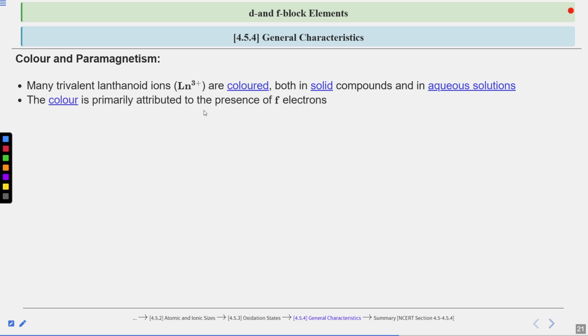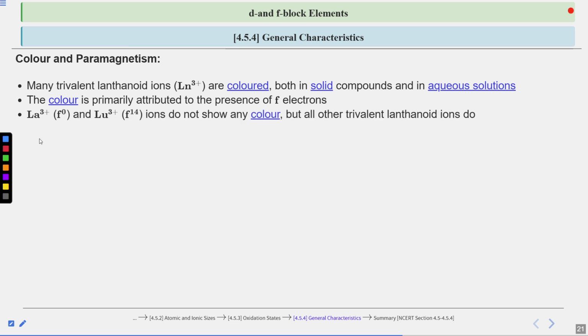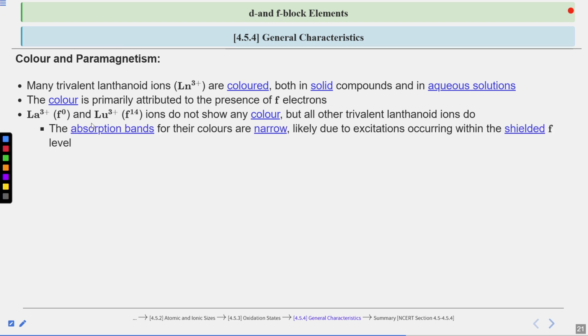The color is primarily attributed to the presence of f electrons, and La3+, lanthanum 3+, having f0 configuration, and Lu3+, lutetium 3+, having f14 configuration, do not show any color, but all the other trivalent lanthanoid ions do. Absorption bands for their colors are narrow, likely due to excitations occurring within the shielded f level.